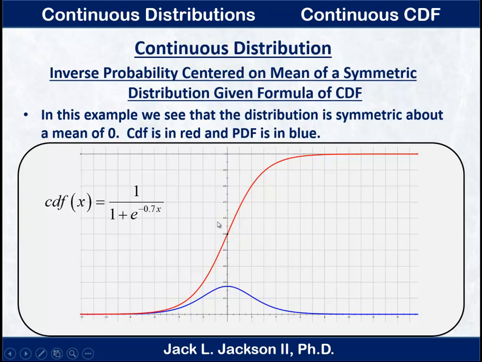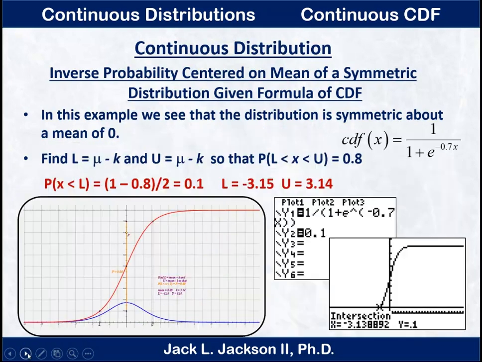So it has 180 degree rotational symmetry about that point, which is the mean, comma, 0.5. And this is what happens when you have a symmetric distribution. You have point symmetry on the CDF graph, and you have line symmetry on the PDF graph.